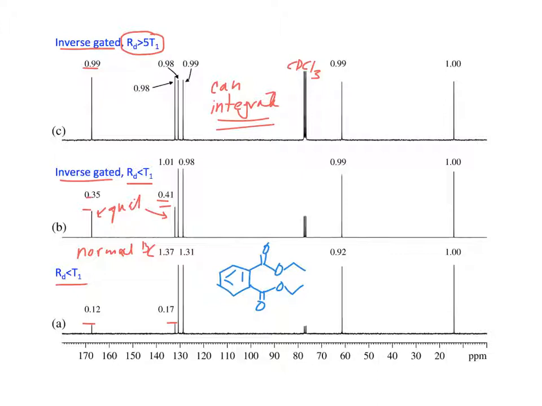We have the quaternary carbon on the benzene ring where the 2 esters are attached, and then we have the other 2 carbons because we have this plane of symmetry down the middle, right? And then the ethyl group.